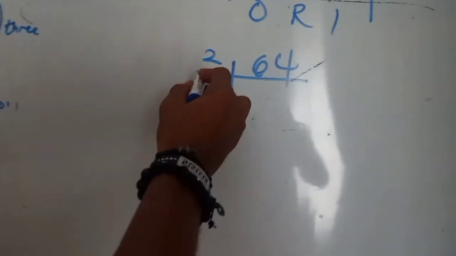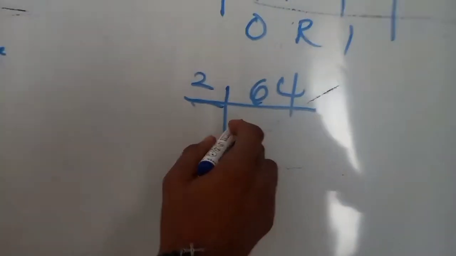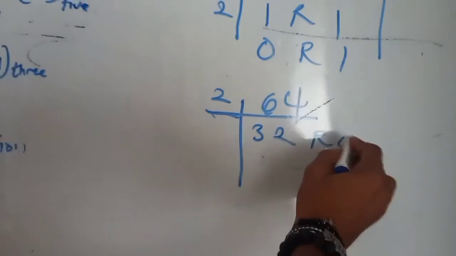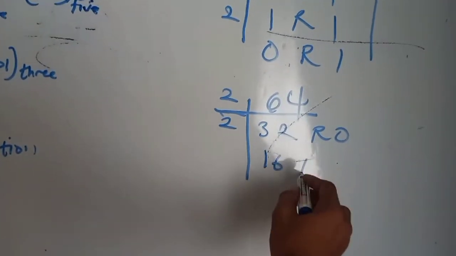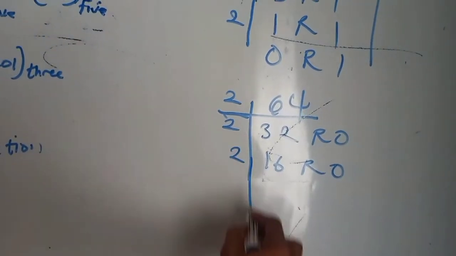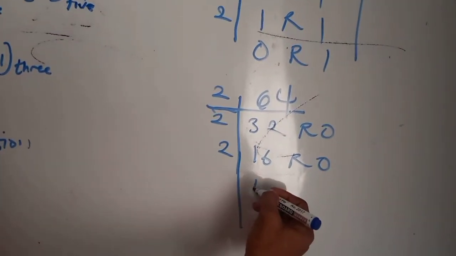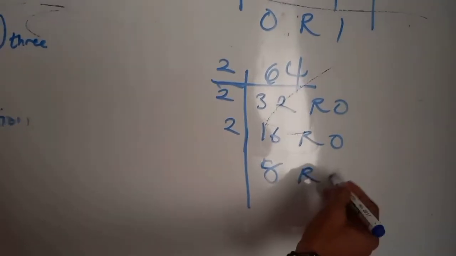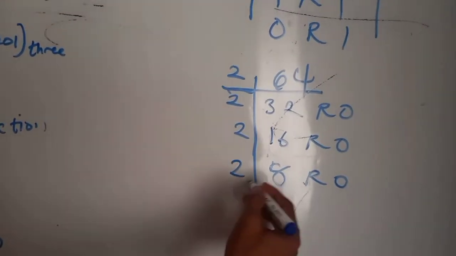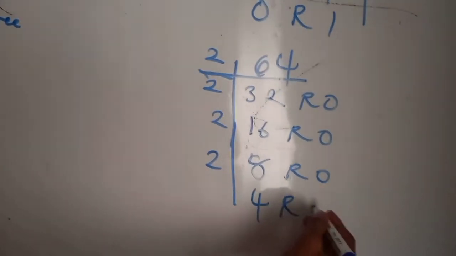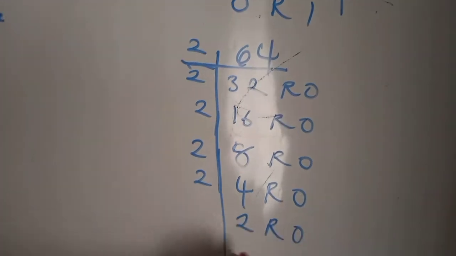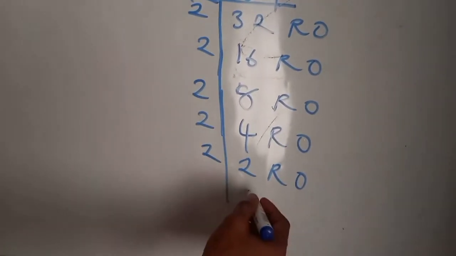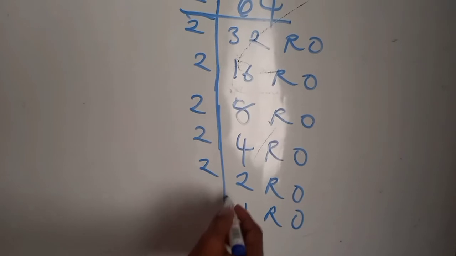So 2 goes into 64 is 32, remainder nothing. 2 goes into 32 is 16, remainder nothing. 2 going into 16 is 8, remainder nothing. 2 going into 8 is 4, remainder nothing. 2 going into 4 is 2, remainder nothing. 2 goes into 2 is 1, remainder nothing. 2 going into 1 is not possible, right? 0.